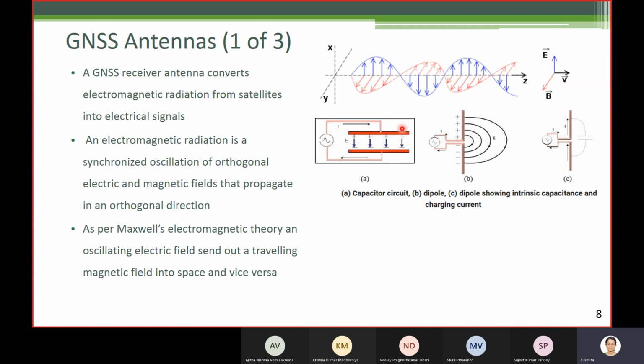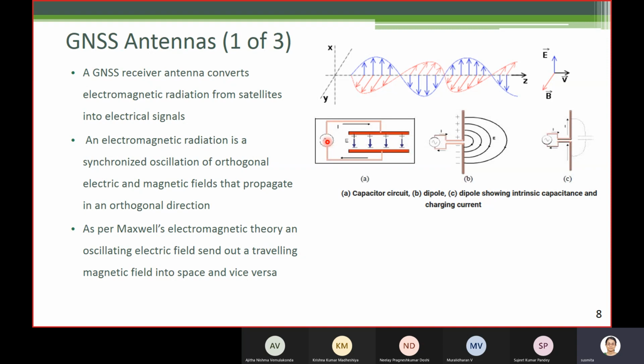So let's first consider a parallel plate capacitor. This is a parallel plate capacitor and closed. It is shielded, put in a casing, and it is excited by an alternating voltage source. We are not going to use any concepts that you have not learned in your 10 plus 2. So all you need at this point is to recollect some basic concepts of physics that you learned in your 10 plus 2.